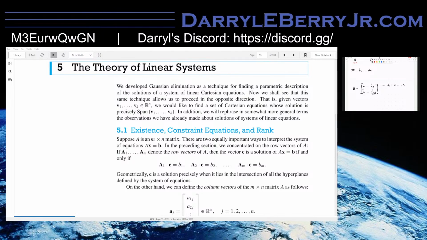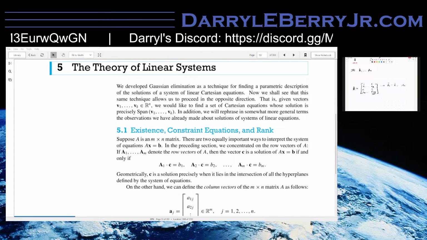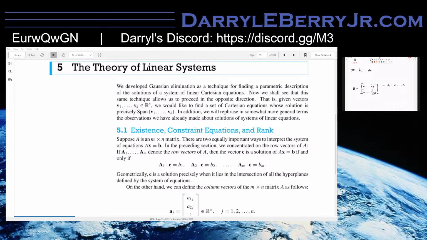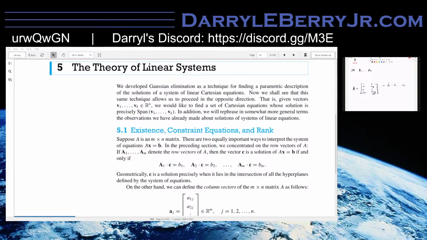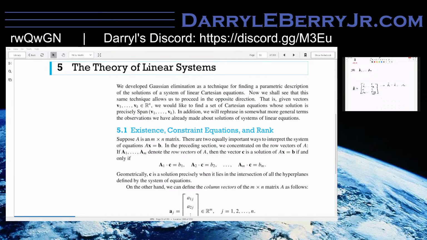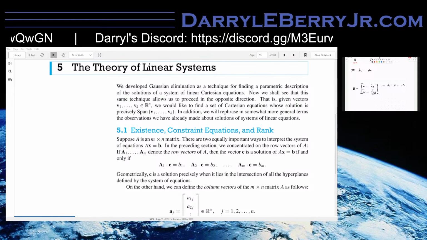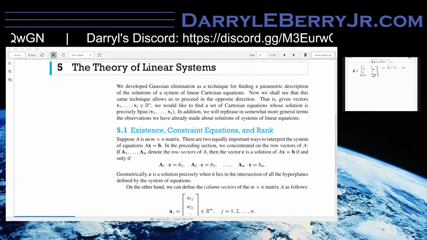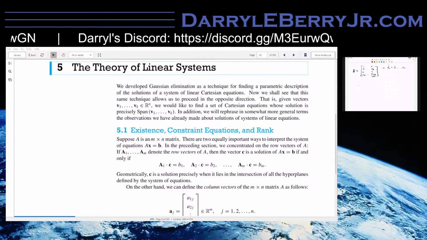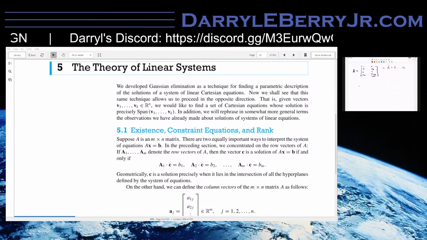So I wonder why they have M. M is the row. We shall see, I guess. So C solves AX equals B.